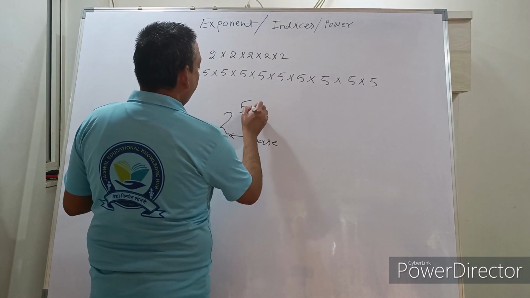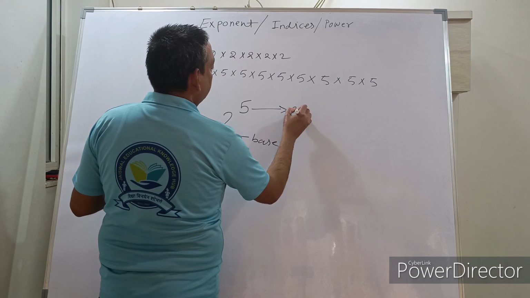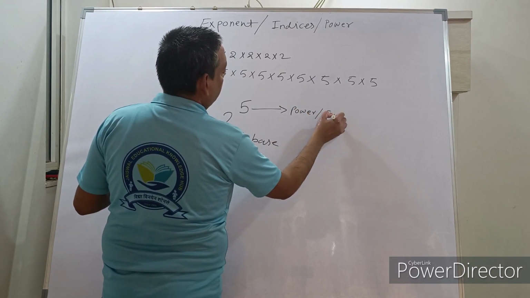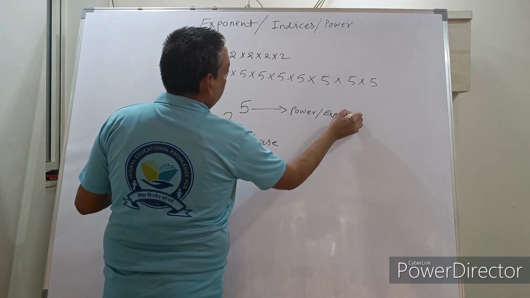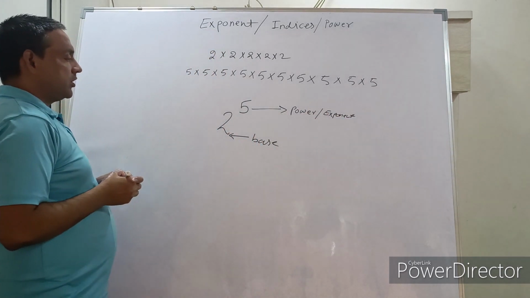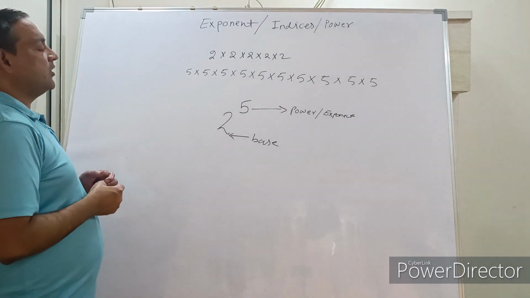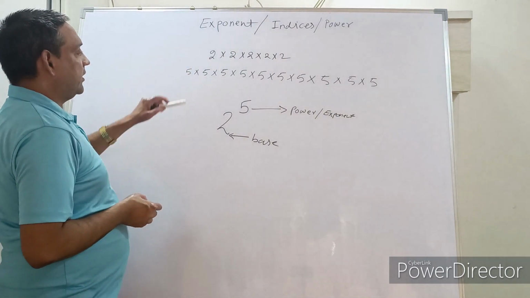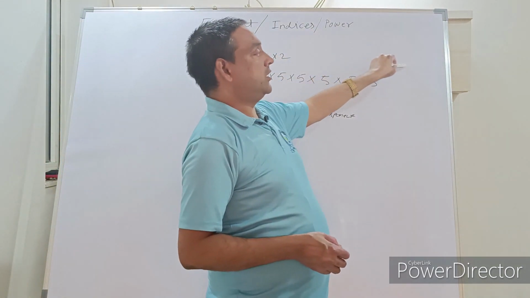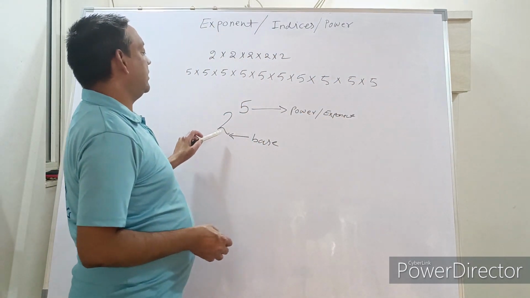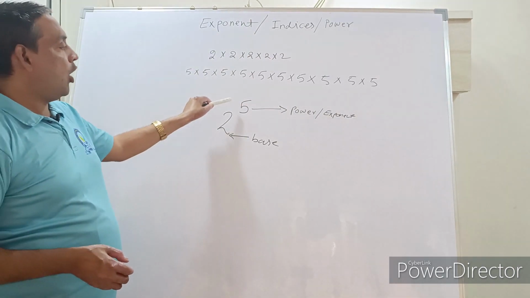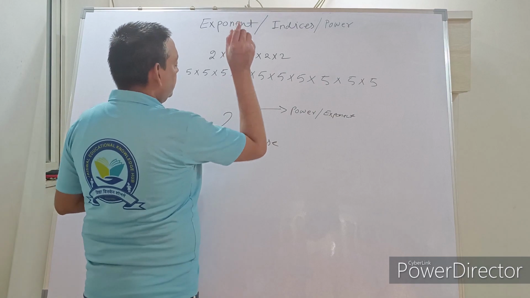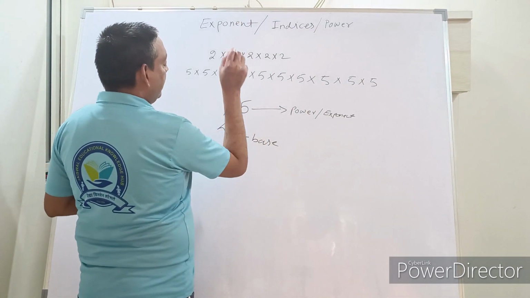This 2 is known as the base, and this 5 is known as the power or the exponent. So instead of writing the whole multiplication, we'll simply write 2 how many times? Though kitni bar? Like here, 2 5 times.